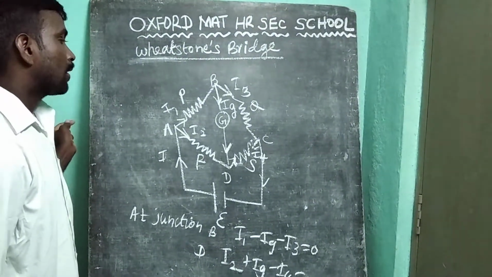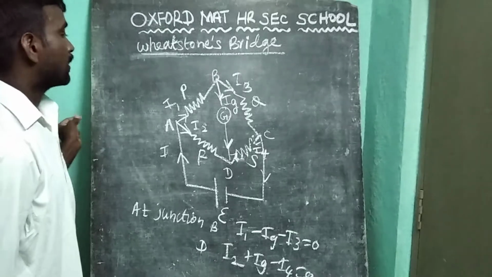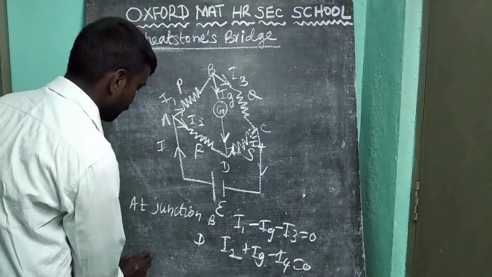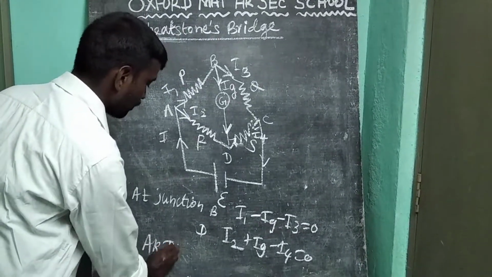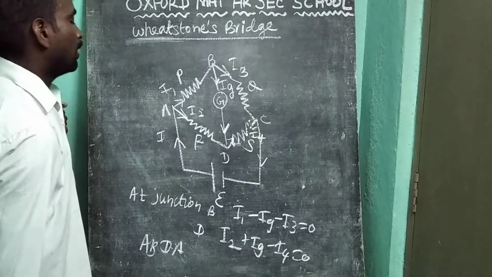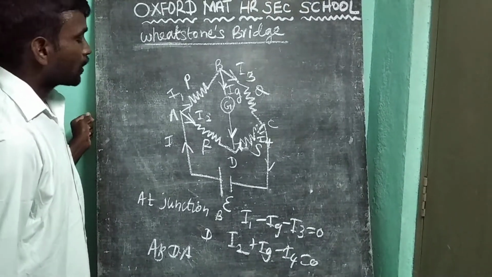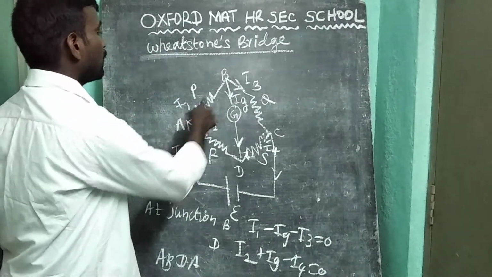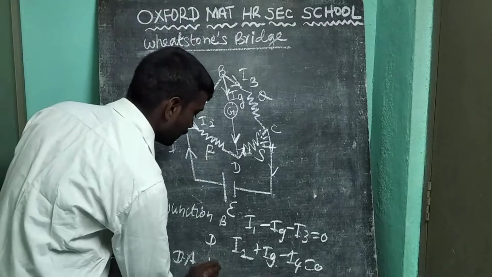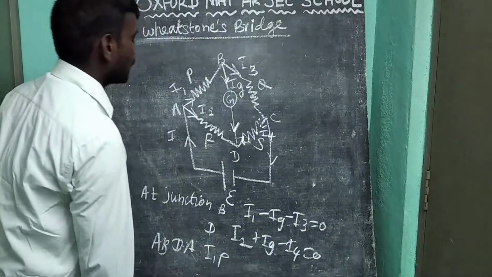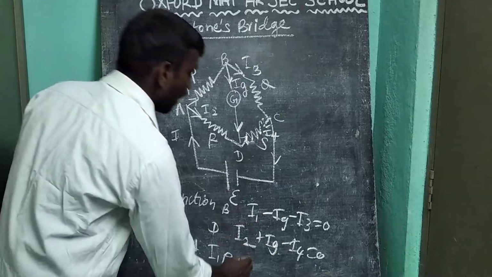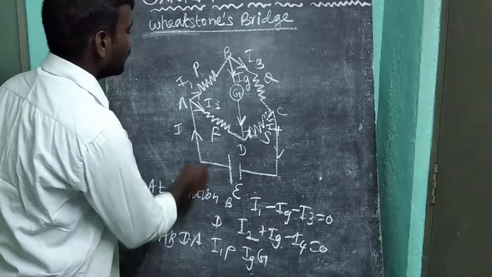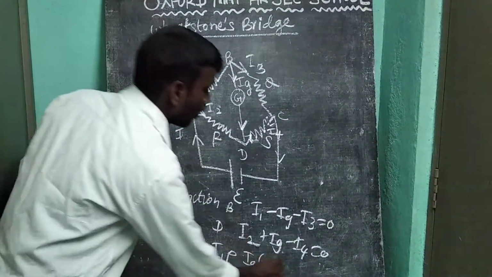Then applying Kirchhoff's voltage rule, the second rule, to the loop A, B, D, A. Kirchhoff's second rule states that the algebraic sum of the products of current and resistance is zero. Here, between A and B, I1P; between B and D, IgG; and between A and D, I2R.